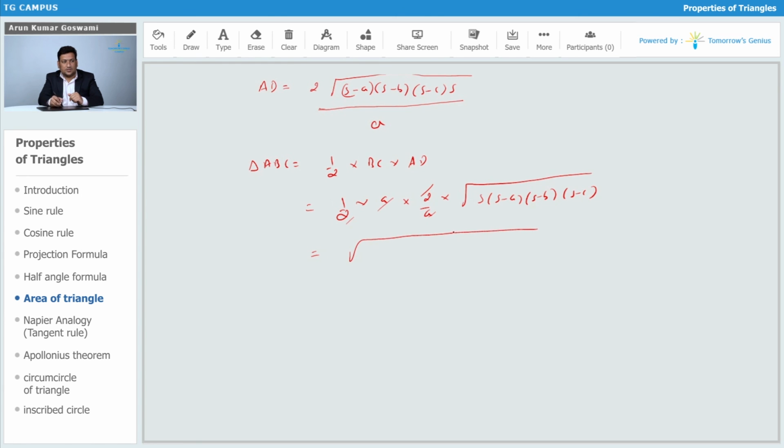So we got this as under root of S(S minus A)(S minus B)(S minus C). This is my area of the triangle ABC.